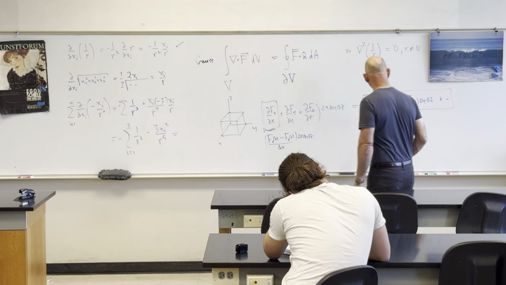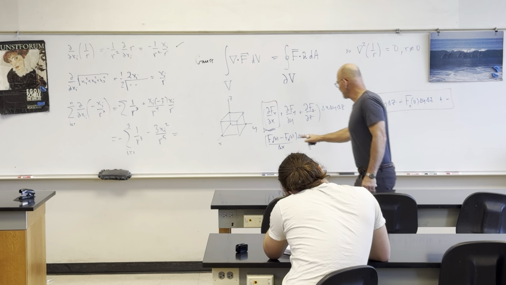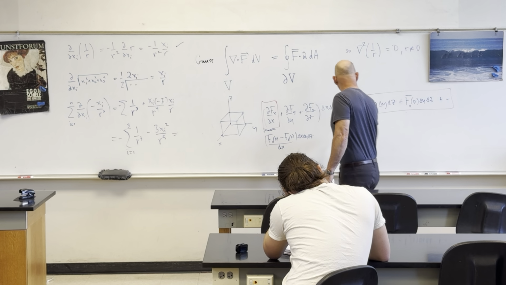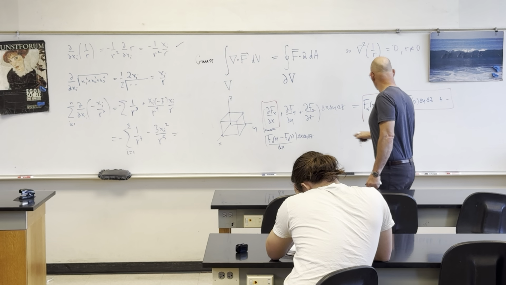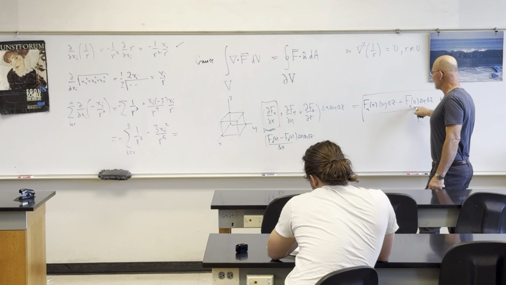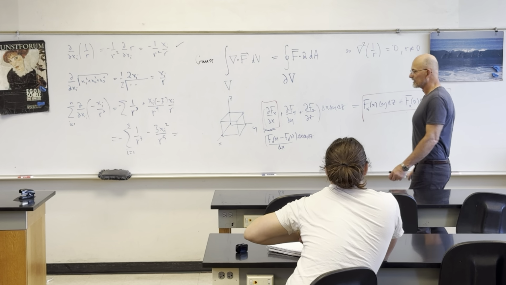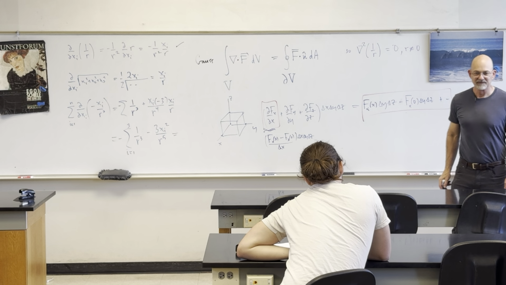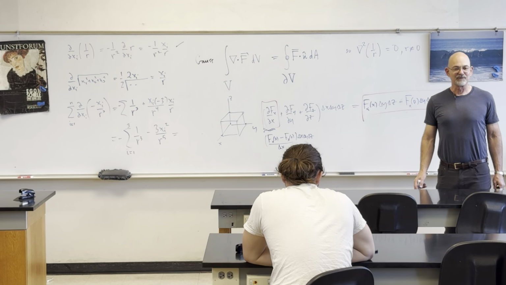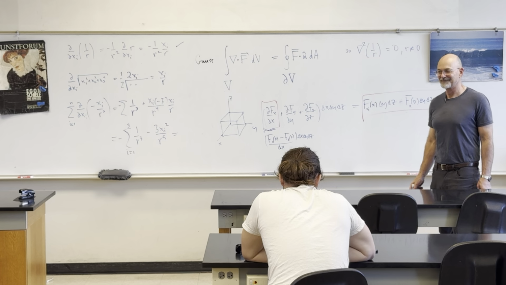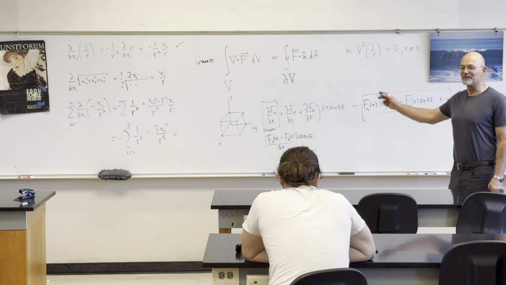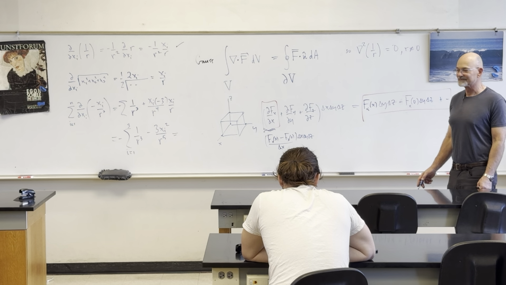We have f_x of x delta y delta z, these cancel, minus f_x of 0. Yeah, that actually goes that fast. Can't believe that. Math professors are pulling out their hair.